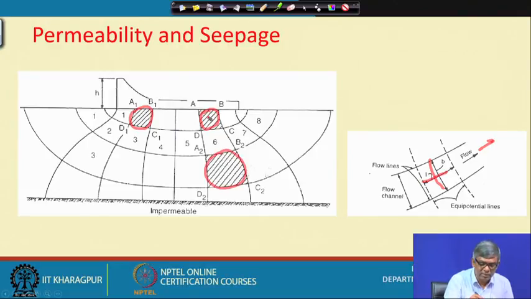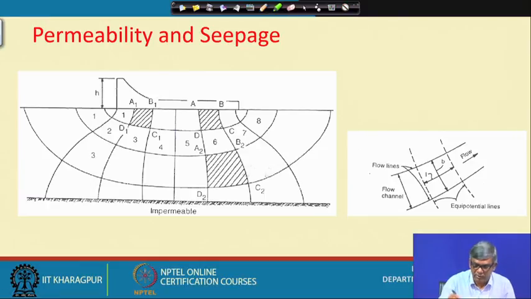They are within the same equipotential lines. This is an equipotential line, this is an equipotential line. So, this block is between two equipotential lines, and similarly this block is also between the same equipotential lines. If I compare this with this, and this with this, we will be able to reach some conclusion, and that conclusion helps us derive the flow quantity.